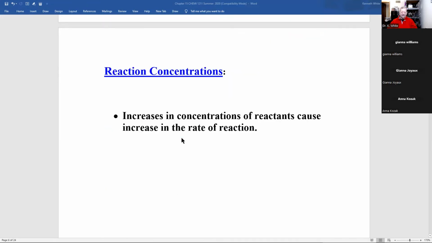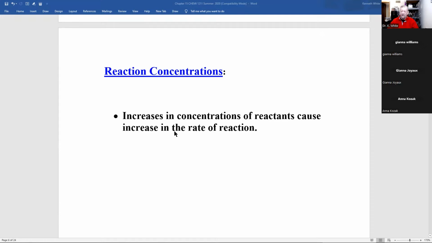Now, another thing that will affect it is the reaction concentrations. Concentrations means how much there is of something. And generally, if you increase the concentration of the reactants, that will increase the reaction rate, or rate of reaction.